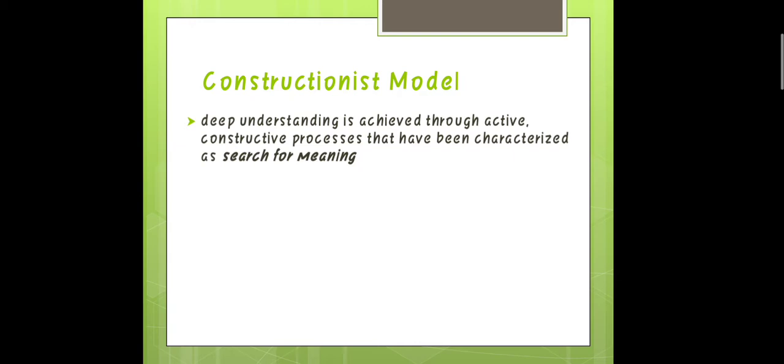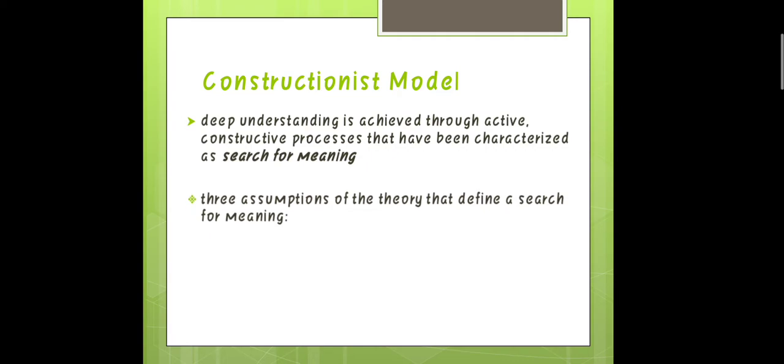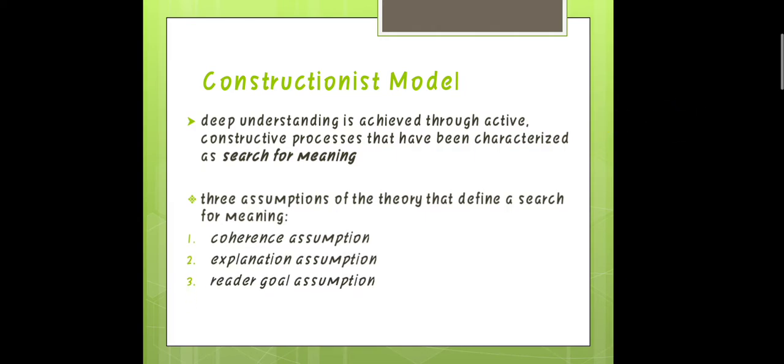This model advocates student-centered discovery learning, where students use what they already know to acquire more knowledge, such as the term search for meaning. So there are three assumptions of the theory that define a search for meaning, and these are coherence assumption, explanation assumption, and reader goal assumption. So we will go through these assumptions one by one.